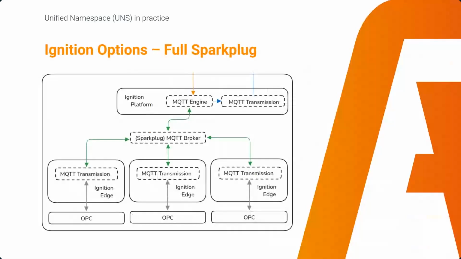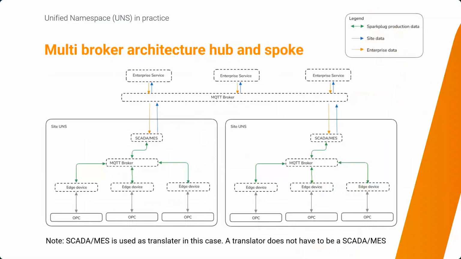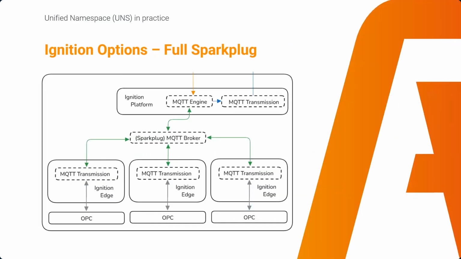So whenever we take a look at the previous slide, this is a full Sparkplug on the OT level. So we have Sparkplug MQTT broker on the site, and all communication in the OT field on site is Sparkplug. So we have the Ignition Edge, which sends up the data to the Sparkplug MQTT broker, which sends the data to the Ignition platform, which can be a SCADA or MES.